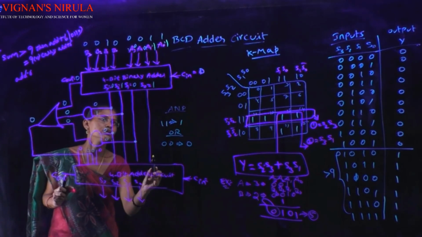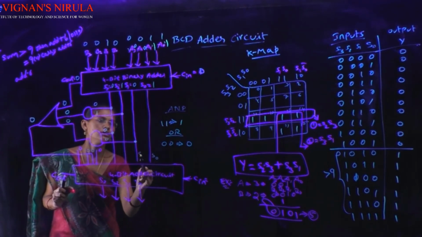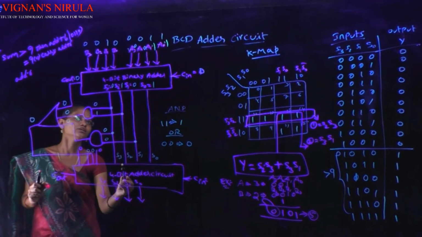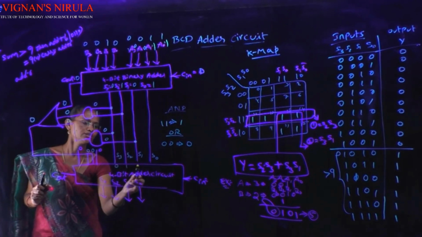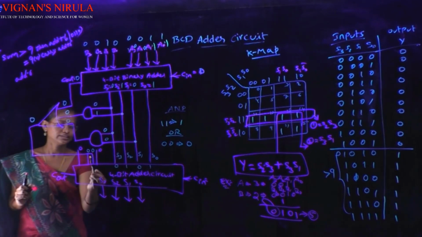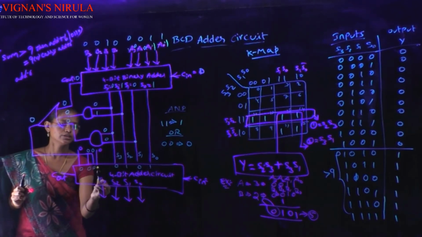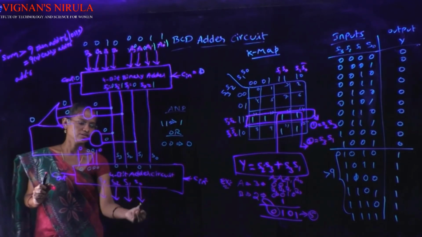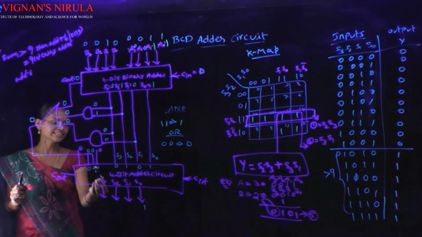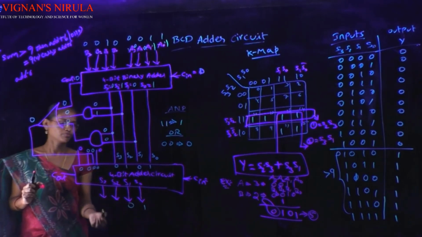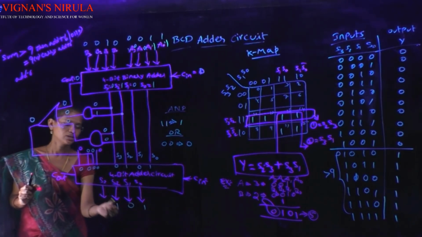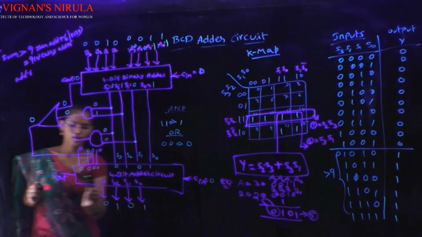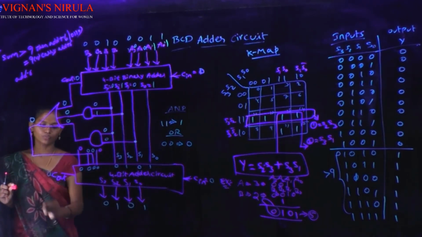Here S0, S1, S2, S3 bits are 0, 1, 0, 1. With all 0 bits on the other input, 0 plus 1 gives sum 1, 0 plus 0 is 0, 0 plus 1 is 1, and 0 plus 0 is 0. Carry is 0 and carry out is 0.